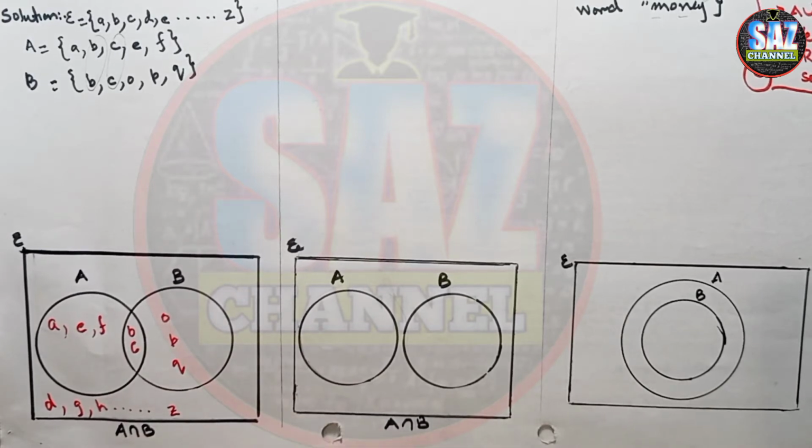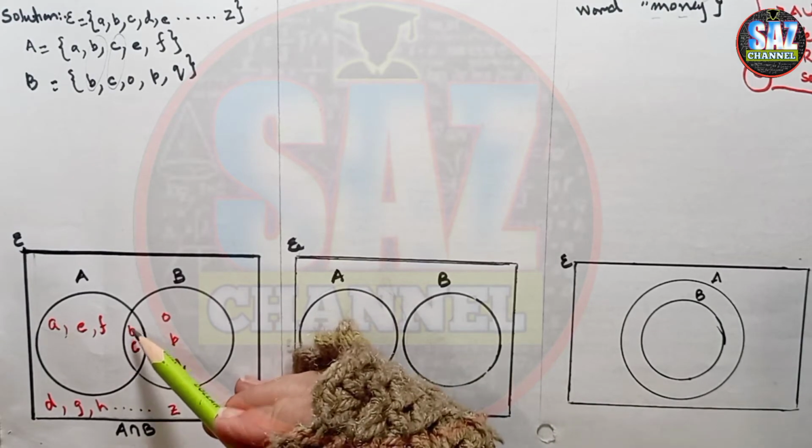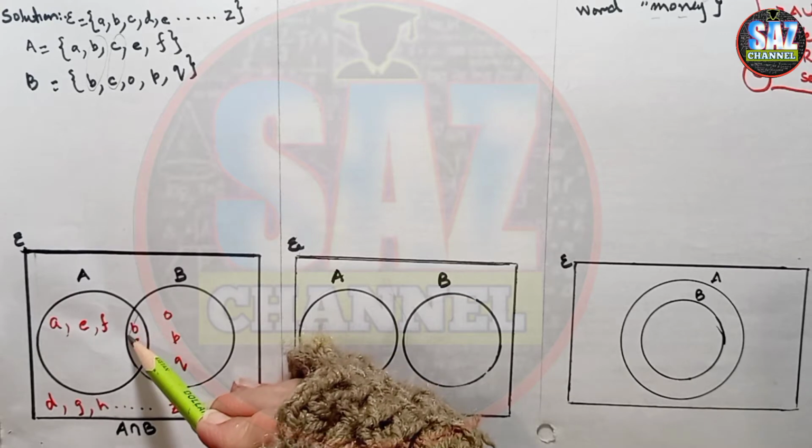Now if we look at the diagram, we can see that this is the portion which is common in both. So this portion will represent the intersection.